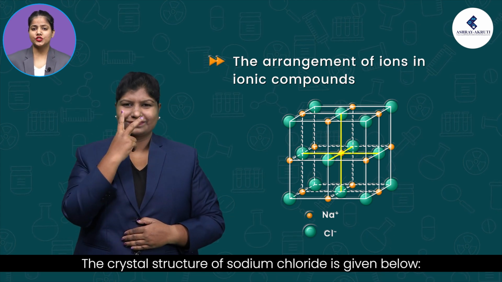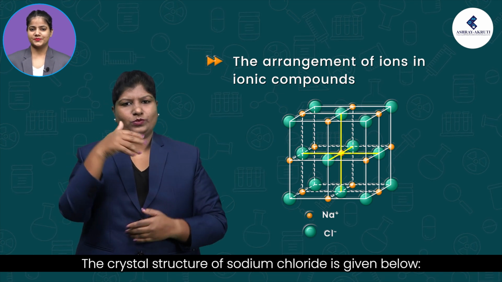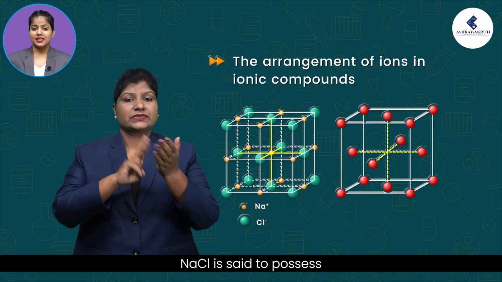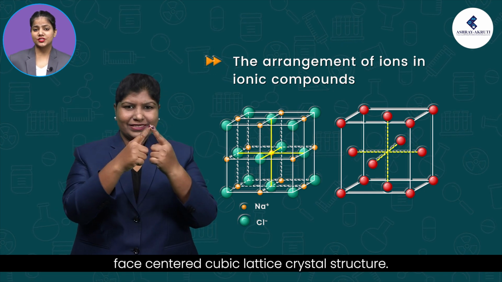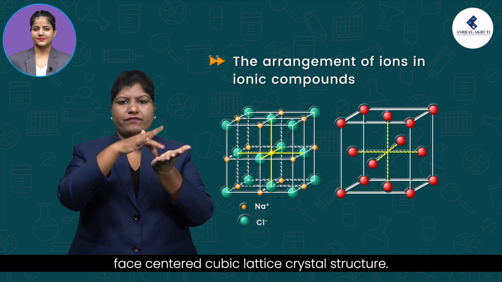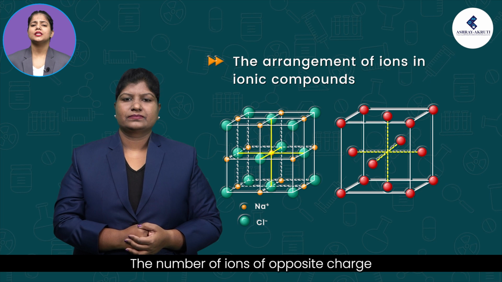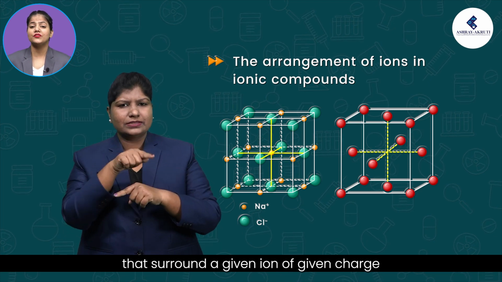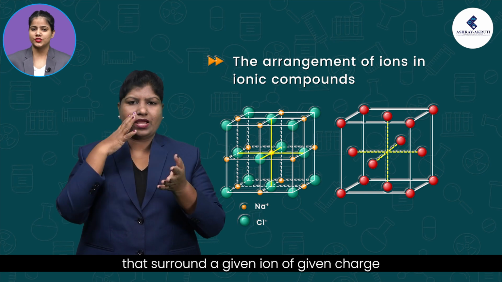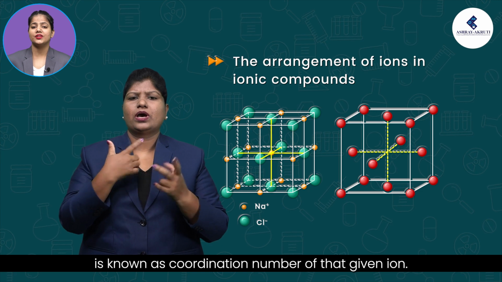The crystal structure of sodium chloride is given below. NaCl is said to possess a face-centered cubic lattice crystal structure. The number of ions of opposite charge that surround a given ion is known as the coordination number of that given ion.